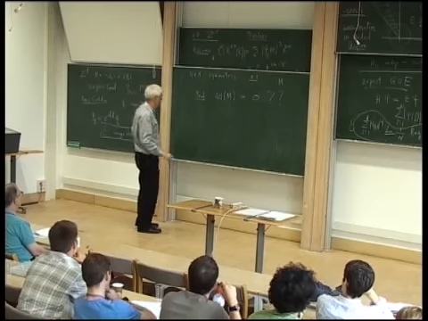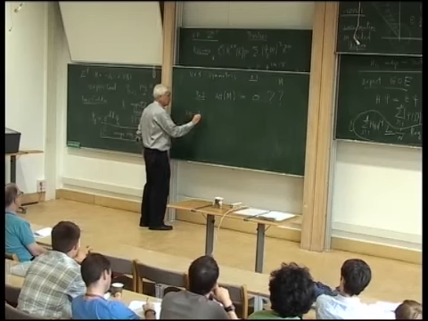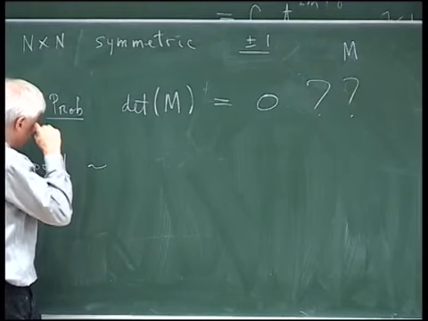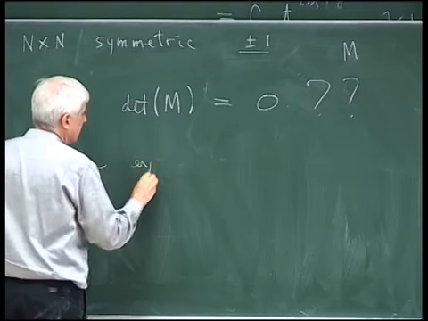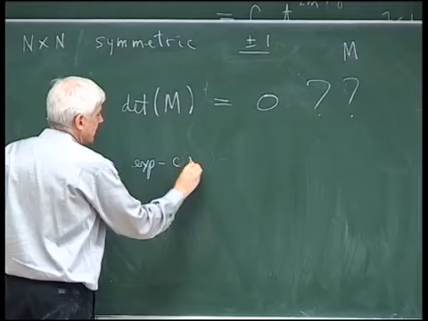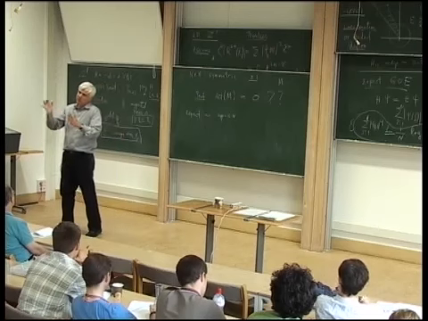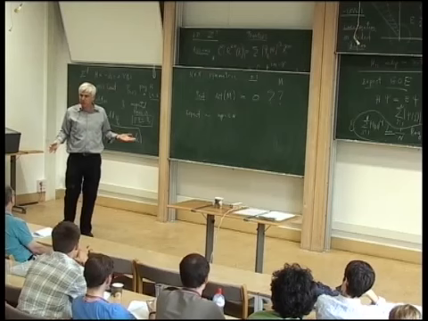So what do you expect? Even he will tell you that you expect it's exp of minus some constant times n. In other words, you think about 2 rows in your matrix, and you ask what's the probability that they're proportional. And you'll see that's pretty rare.